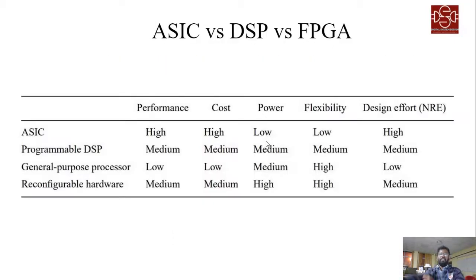Now there is a comparison for the low pass filter. It is a generalized comparison where performance, cost, power, flexibility and design effort are plotted for four types of processors: general purpose processor, reconfigurable hardware, that is FPGA, programmable DSP, and ASIC.